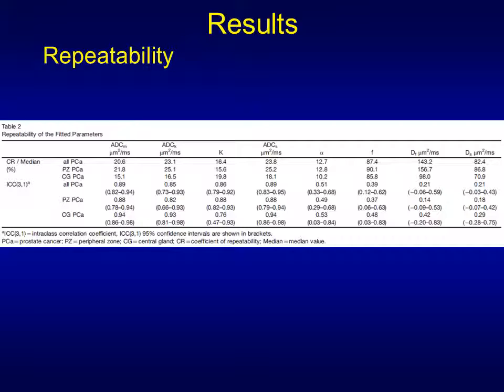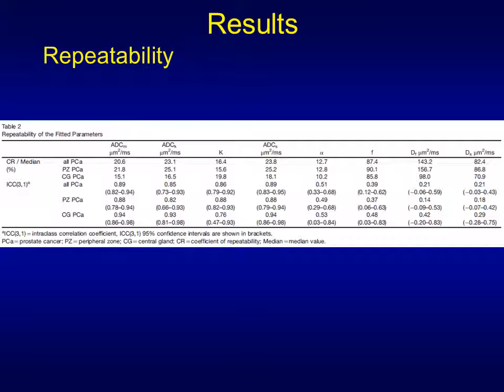The mono-exponential model showed robust repeatability, with relatively low coefficient of repeatability values expressed as a percentage of the median, around 20%, and they are similar in the peripheral zone but also in the central gland. These values are similar to ADCK, K, and ADCS. ADCS is from the stretched exponential, while the other two parameters were from the kurtosis model.